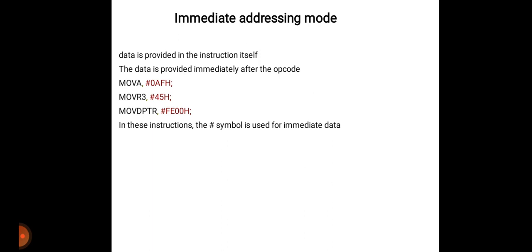In the first instruction the immediate data is AFH, but a 0 is added at the beginning, that is 0AFH. When the data starts with A to F, it should be written with a leading 0. In this way the immediate addressing mode works.